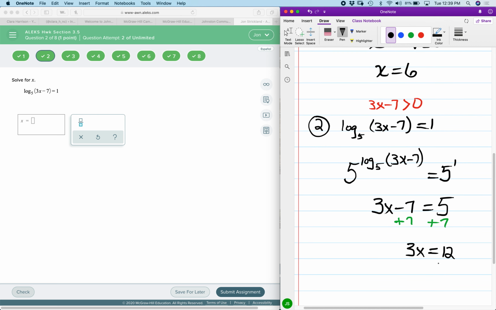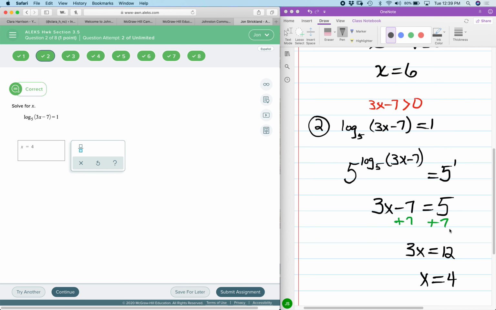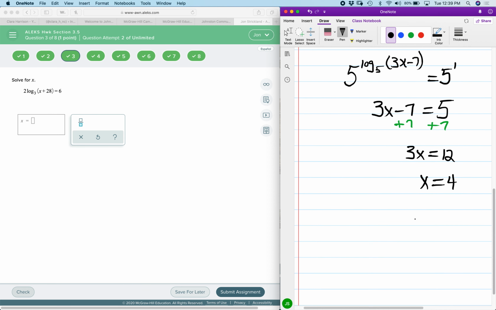With division by 3, x is equal to 4. And 3 times 4 is 12, minus 7 is 5, so the argument is positive. Entering what we have for x and checking, it is correct.